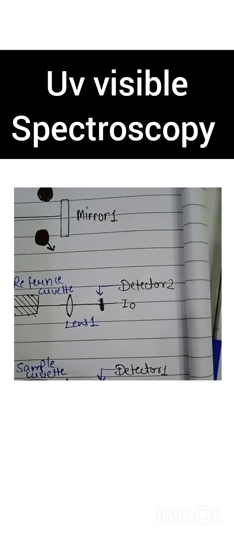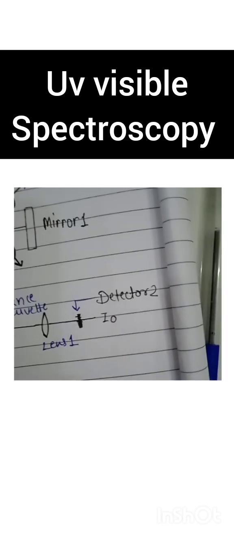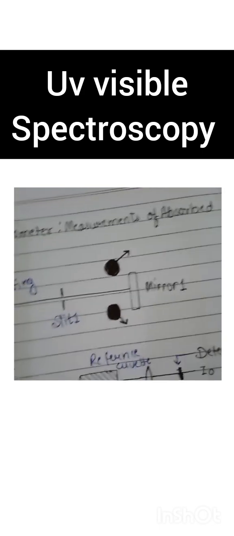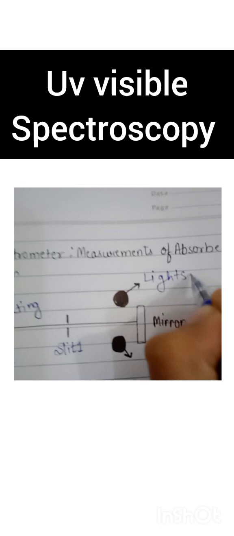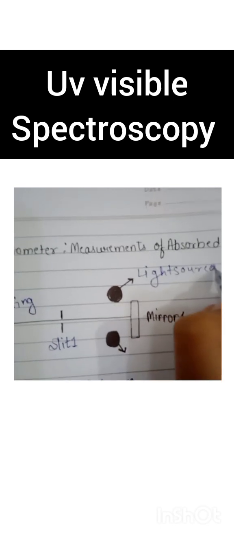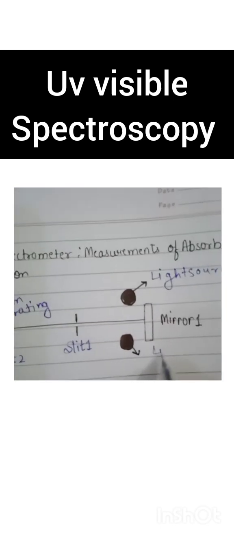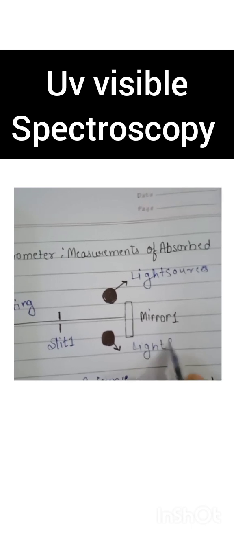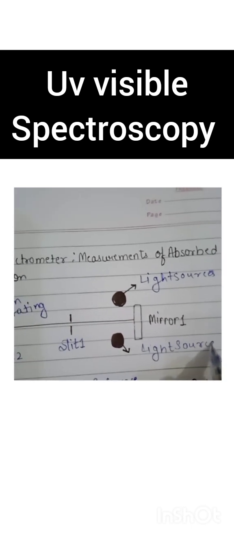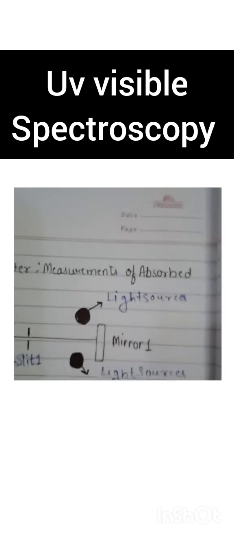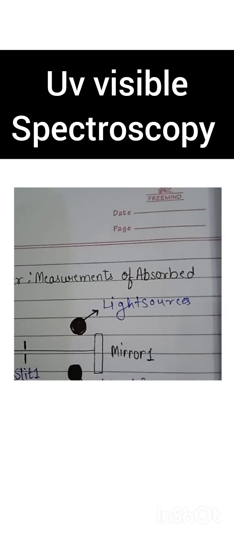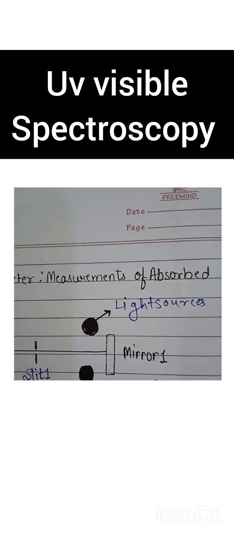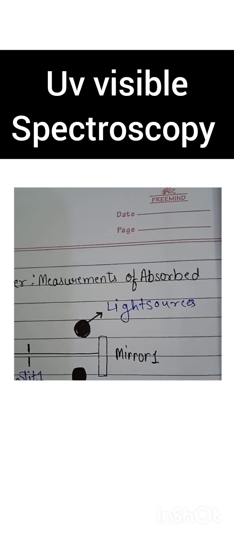Now we will discuss about the light sources. These are our light sources. The ideal light source would yield a constant intensity over all wavelengths with low noise and long-term stability of the output.